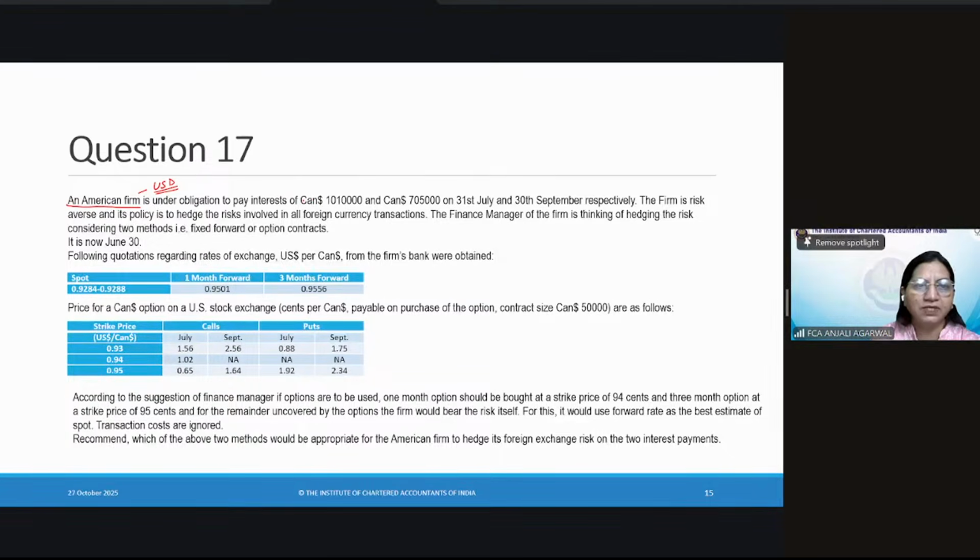So he's under obligation to pay interest of Canadian dollar 10,10,000 and Canadian dollar 7,05,000 on two different dates, 31st July and 30th September, respectively. So I've started working in my mind that we have Canadian dollar payables.